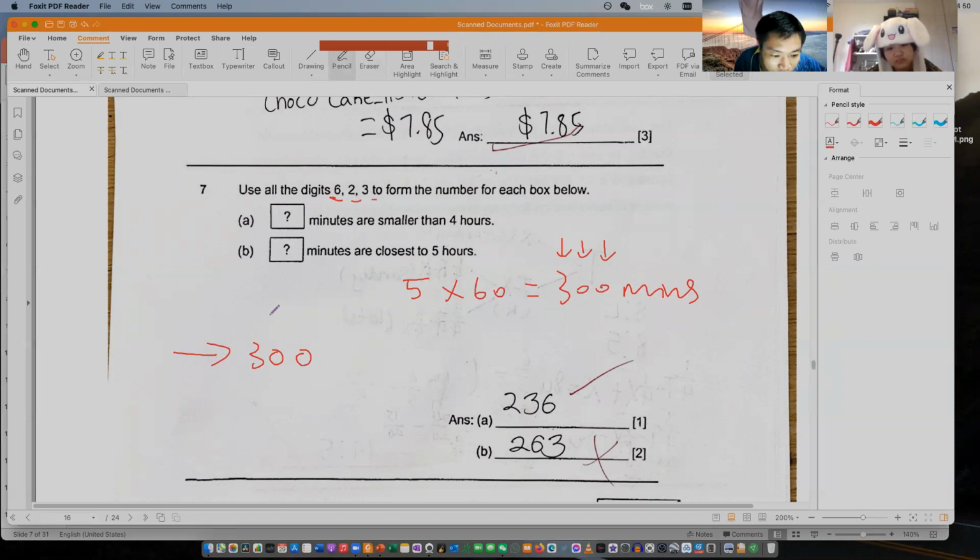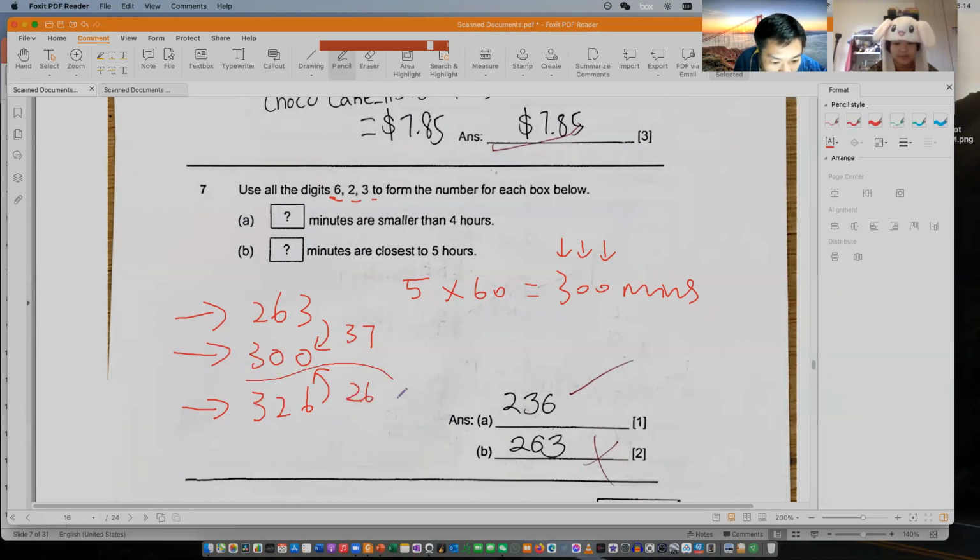You can get an answer less than 300, or you also can get an answer more than 300, which is 326. So you need to compare which one is closer. For this one, the difference is 37. For this one, the difference is 26. So of course you will pick this one.